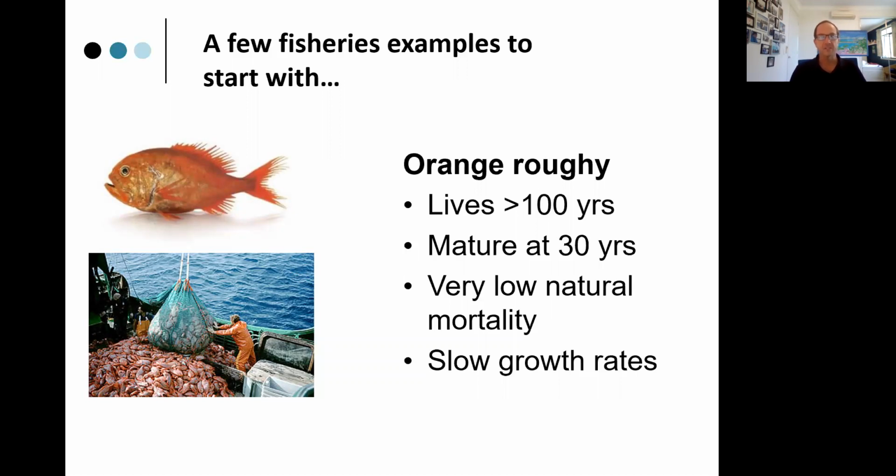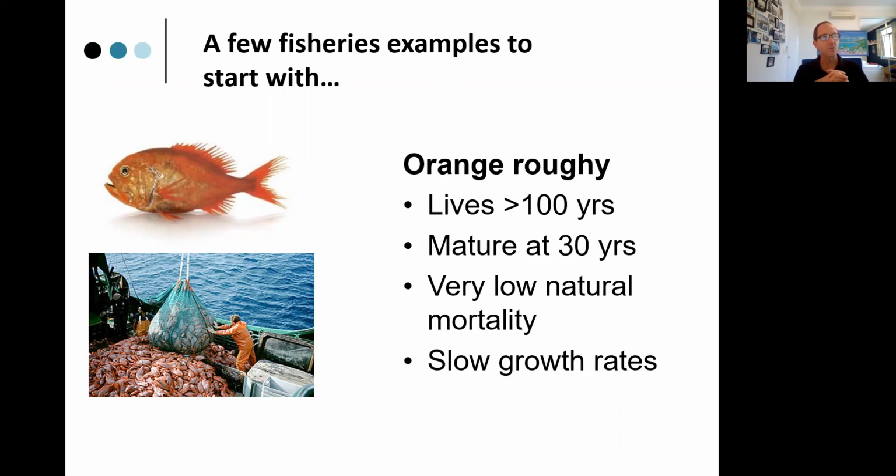And obviously it's a fish that people like to eat. You can see the photo there on the bottom left, they're hauling in large quantities of orange roughy. Once we got the technology in the boats that allowed us to harvest them, because they're a deep water fish, it seemed like a dream fishery with just unlimited supplies.